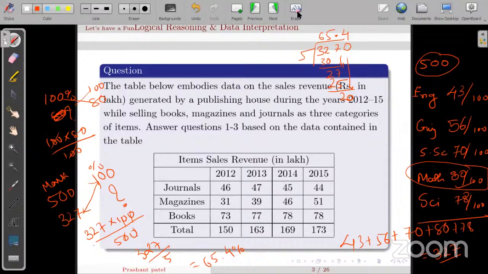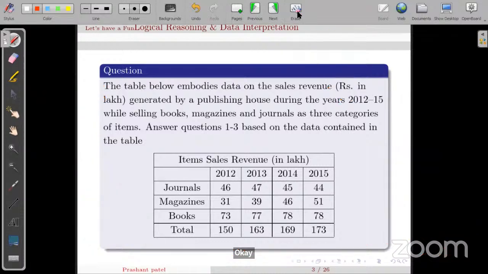Okay. Yeah. So now let us concentrate on this question. So here, what was the question? The question was to calculate. Oh, window is closed.